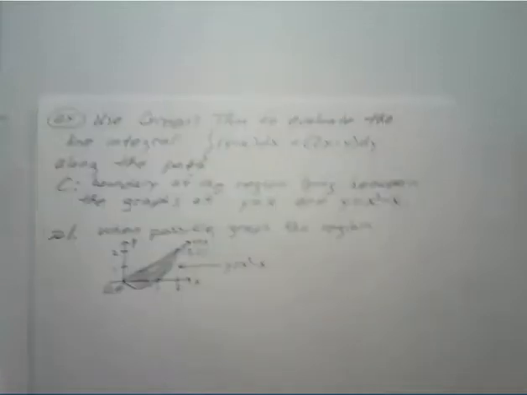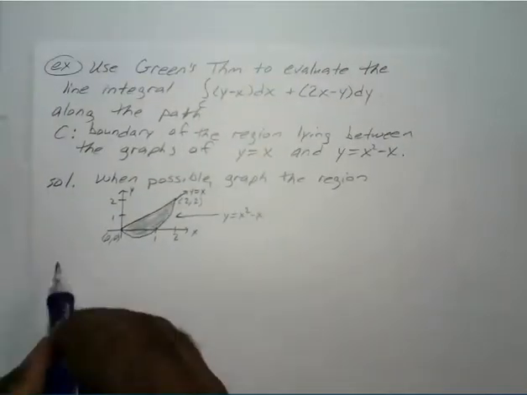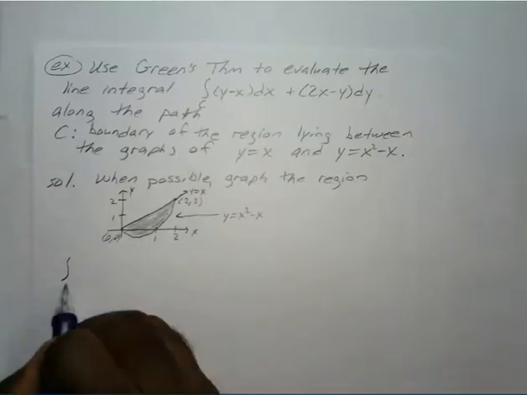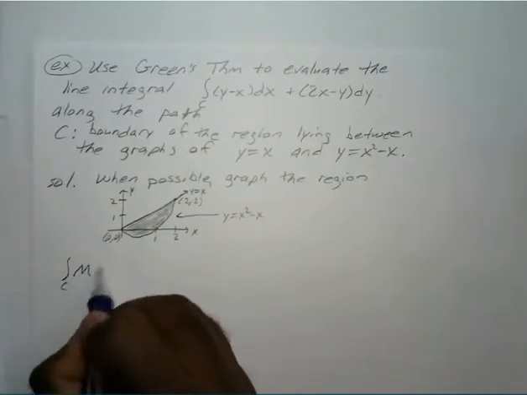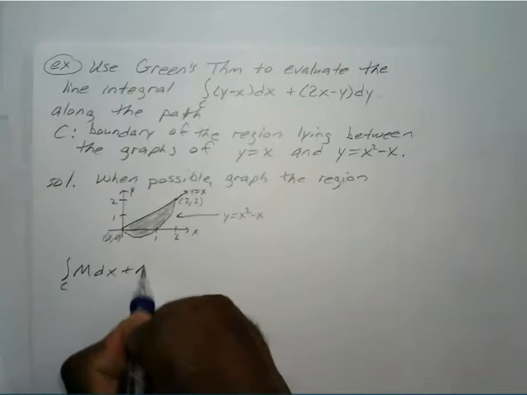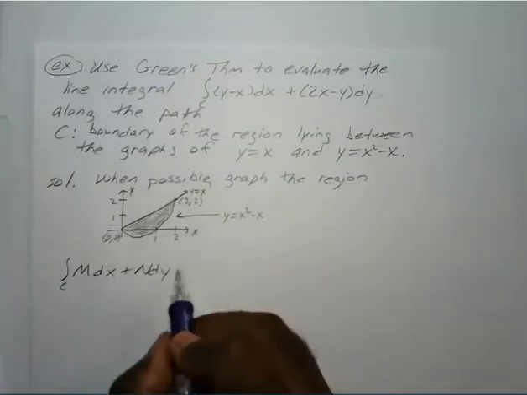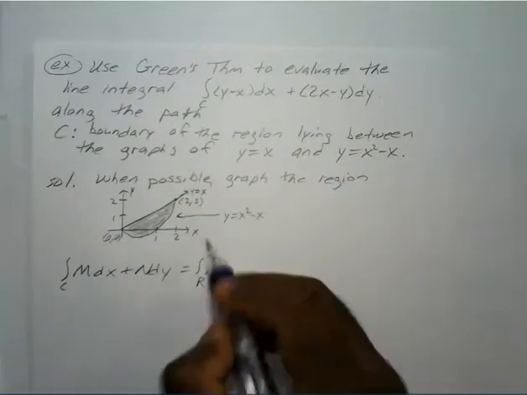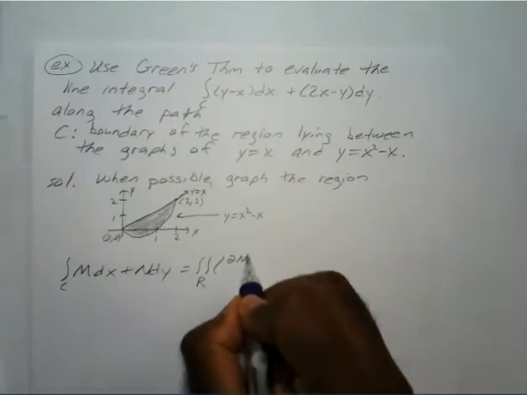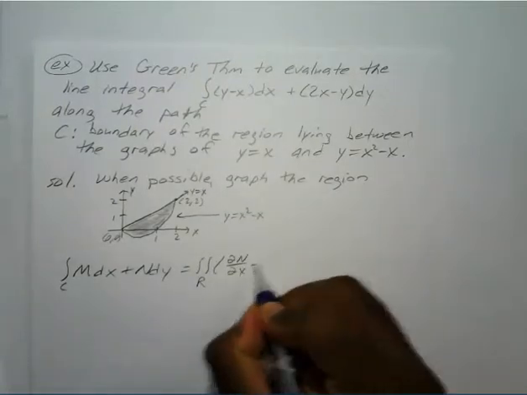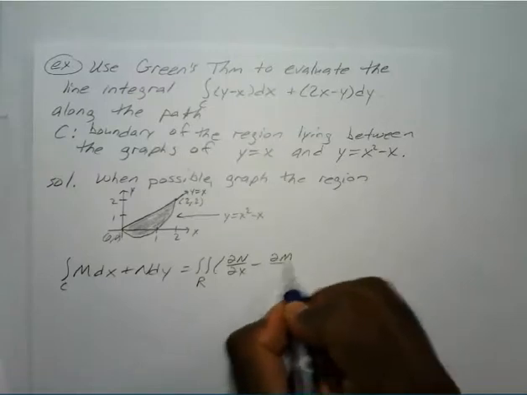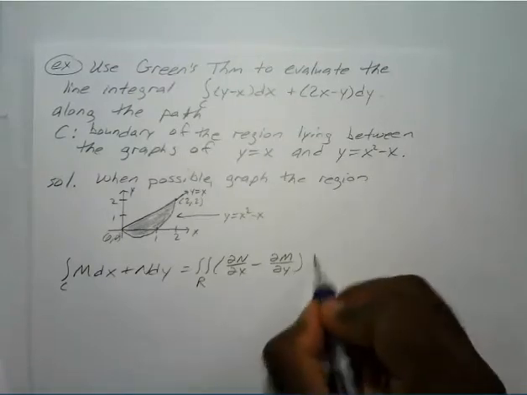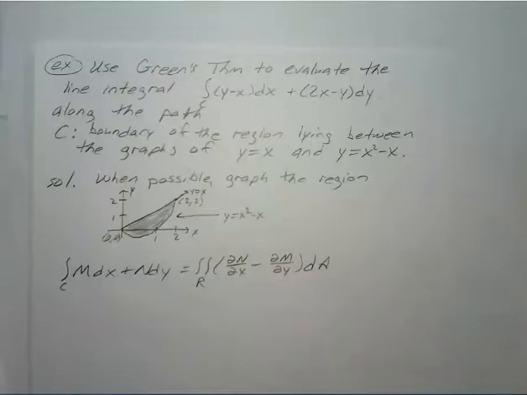Alright, so we can go ahead and start our integration using Green's theorem. So if you have M dx plus N dy, that equals the double integral of the partial derivative of N with respect to x minus the partial derivative of M with respect to y, and that's with respect to the area of the region.